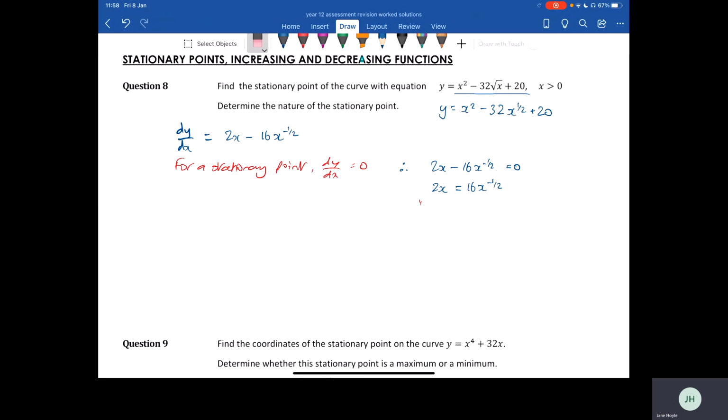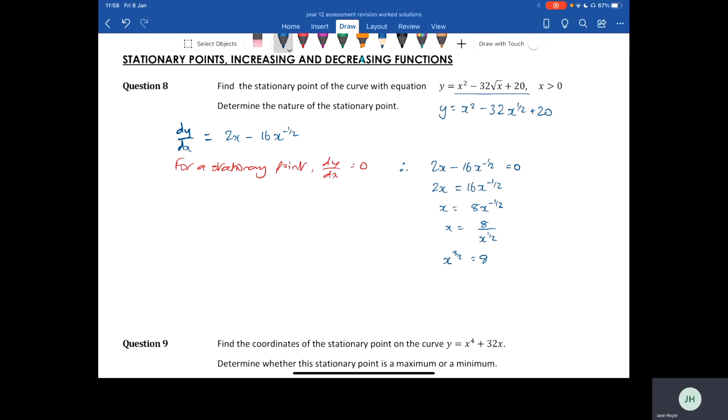But as I said, I think my instinct would be to divide by the 2, but then I'm going to write that as x over x to the half, and then I can see just a little bit more easily. I'd multiply both sides by x to the half. So x to the power of 3 over 2 is equal to 8.